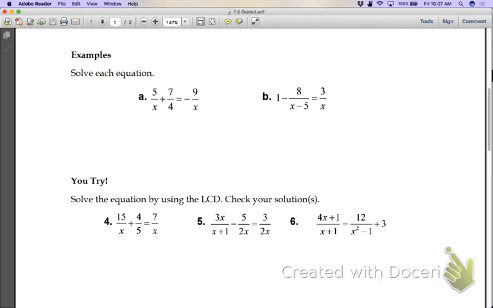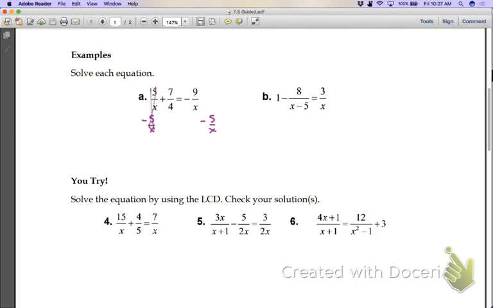For this one, if you have 2 of the 3 that match, I would move all the ones that match over to one side and leave whatever else you have on the other. So I would subtract 5 over x from both sides.